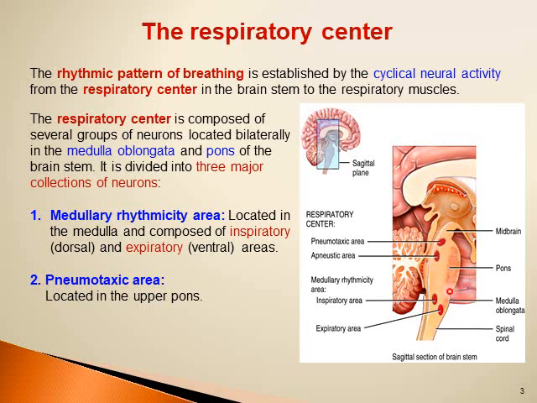This is the pons, so the pneumotaxic area is present in the upper part of the pons. The third area is the apneustic area that is located in the lower part of the pons. So we have three major collections: the medullary rhythmicity area with its inspiratory and expiratory areas, and the other two areas located in the pons, the pneumotaxic area and the apneustic area.